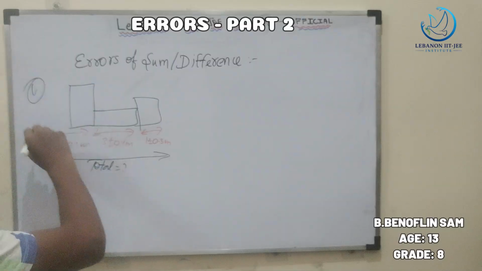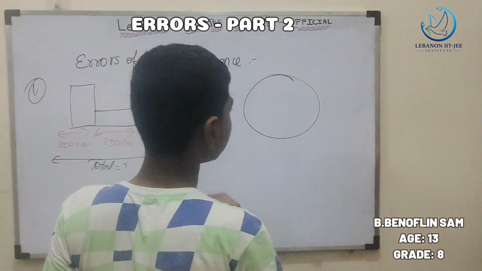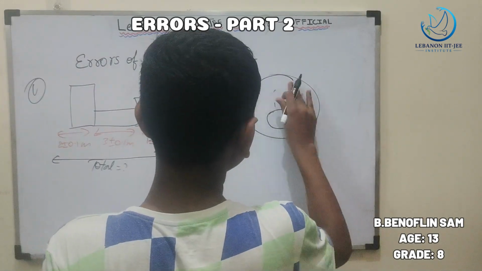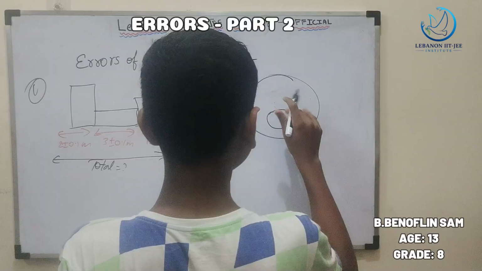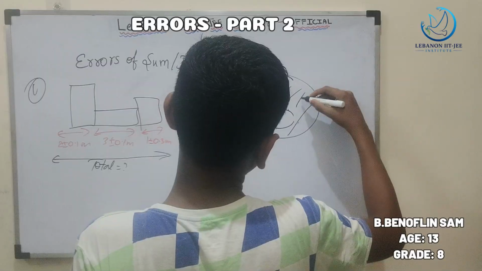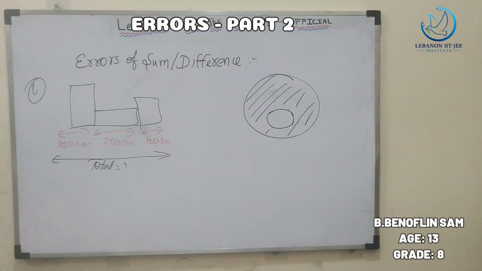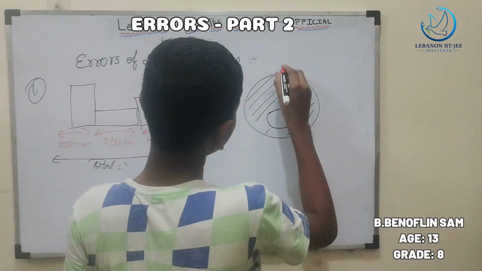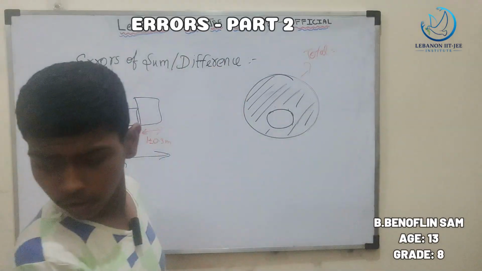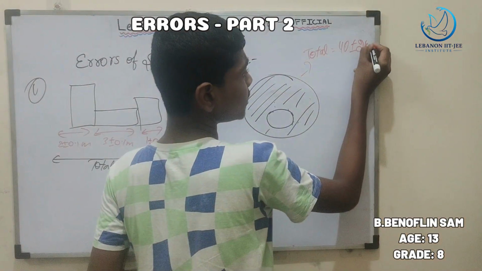The first question is for sums. The second one, we'll draw one circle. The total is equal to 40 plus or minus 2 kg.